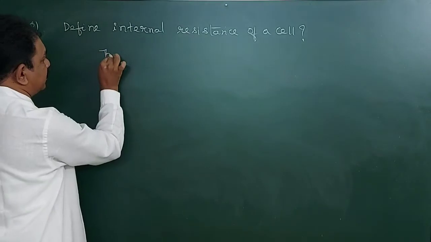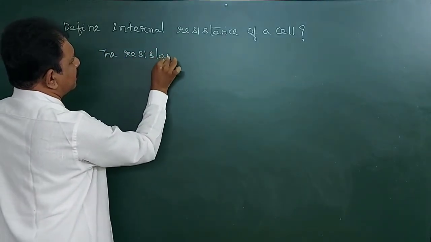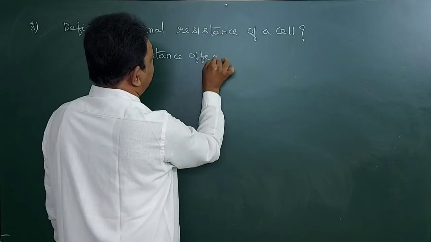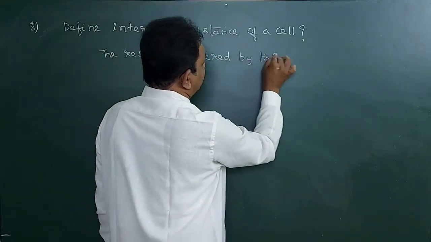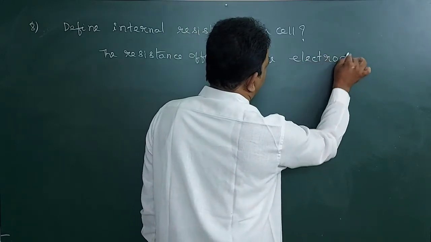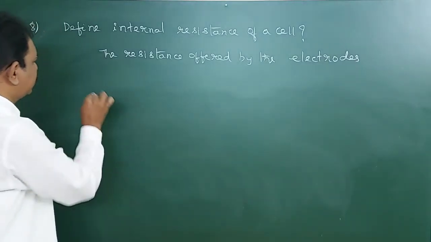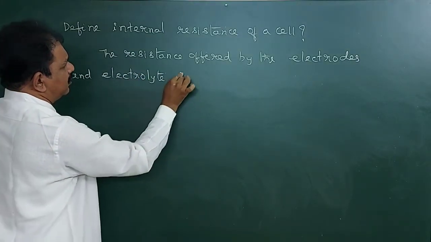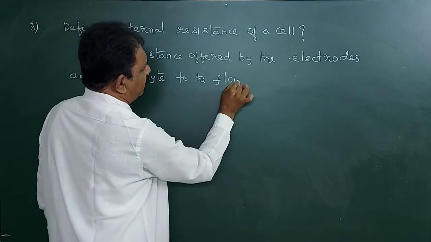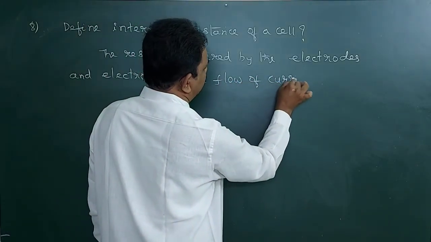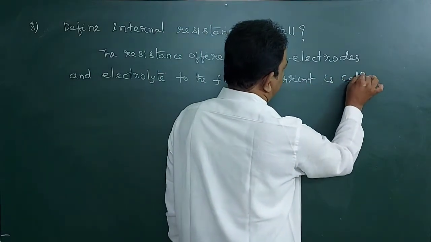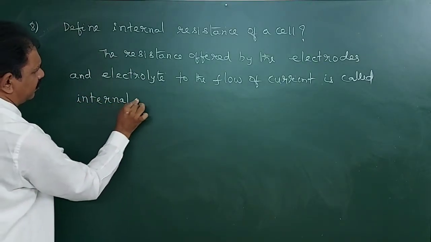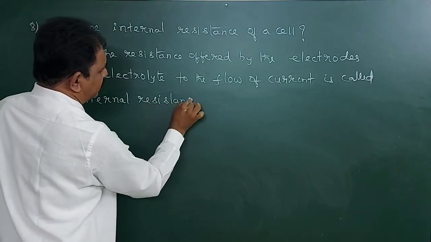So, the resistance offered by the electrodes, meaning plates, and electrolyte to the flow of current is called internal resistance.